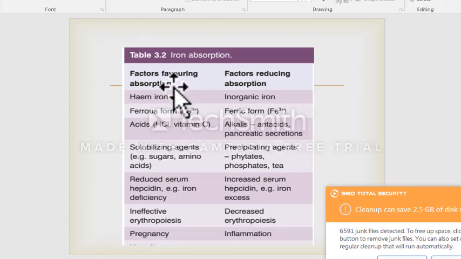Now there are certain factors which are responsible for the absorption of iron. So these are the factors which are favorable for iron absorption, while these are the factors which reduce the iron absorption.